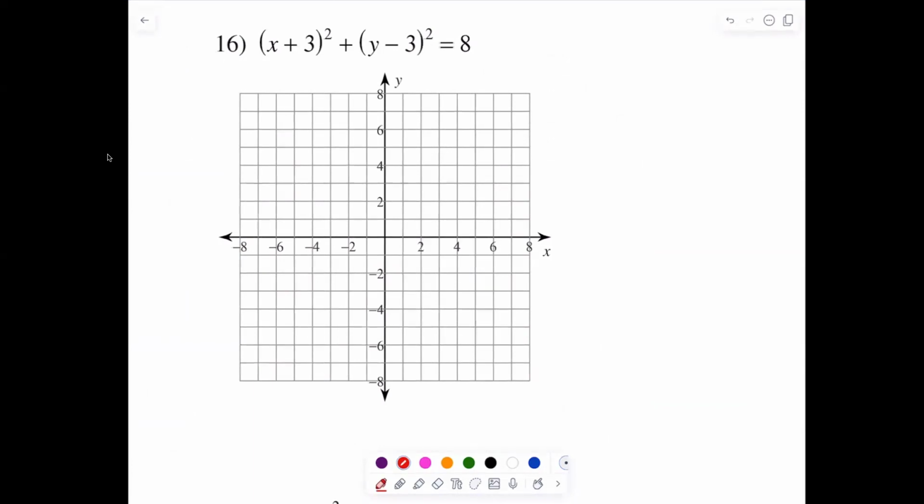All right, so what's the center again? So everybody's going to plot the point -3, 3. And now you're going to go up the square root of 8, which I know is a little bit less than what? A little bit less than 3. That is correct. I don't care exactly.